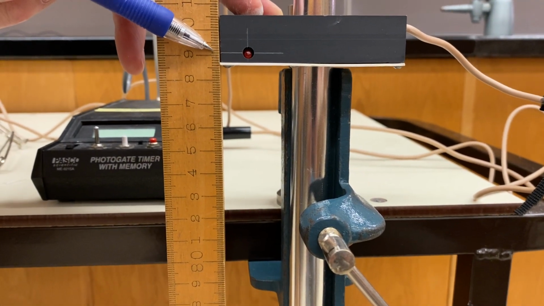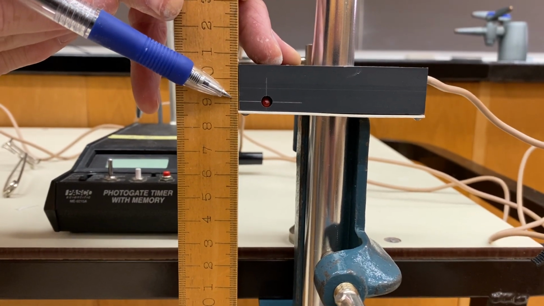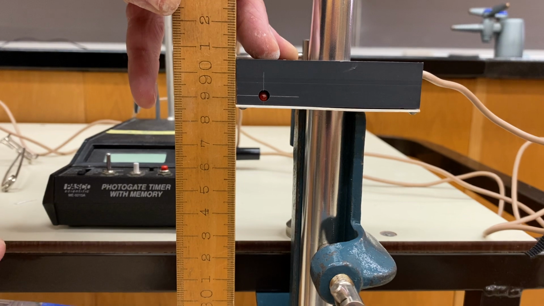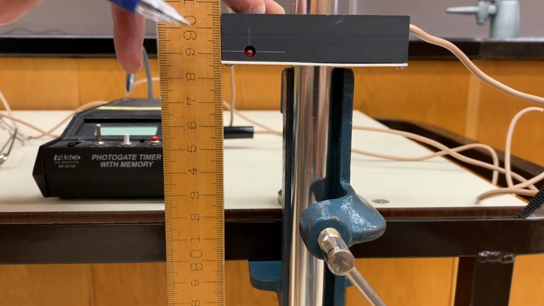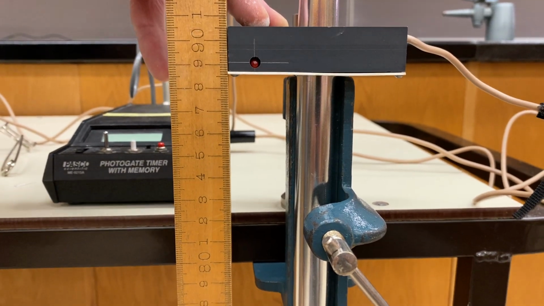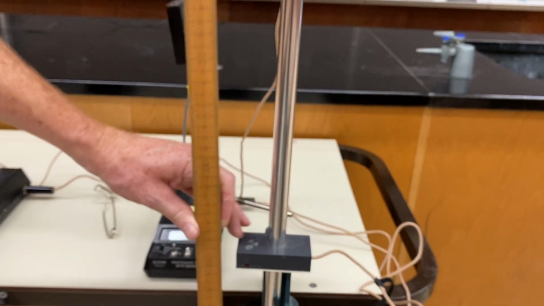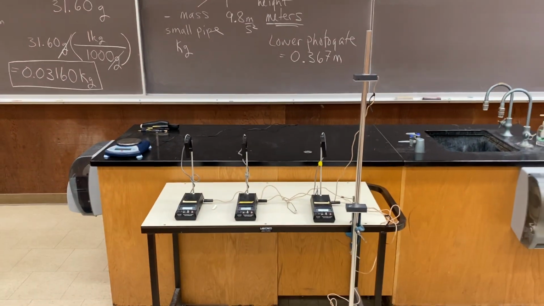Again, this is going to be a photograph that you can blow up. It's really high def, so you can see the details here, okay? So we've got 0.89, and then looks like maybe 2. 0.892 meters for that one.